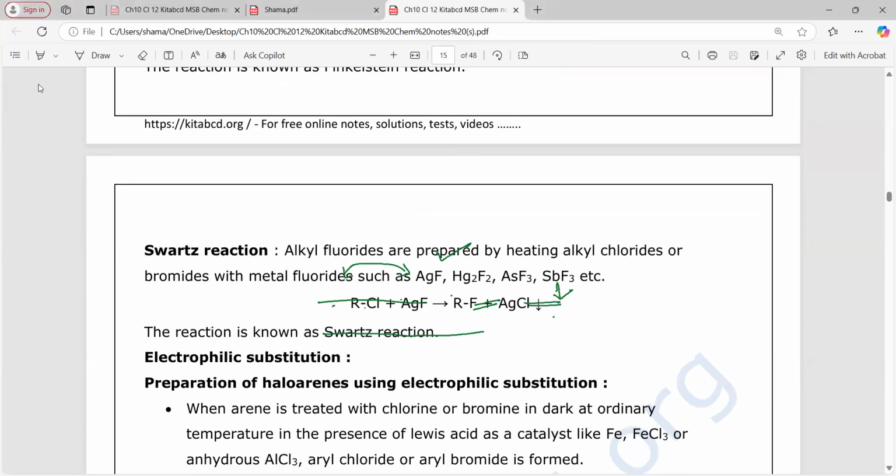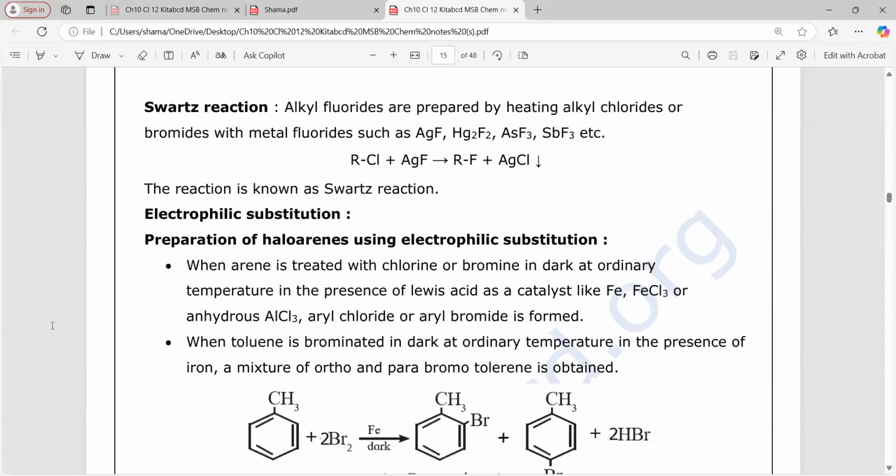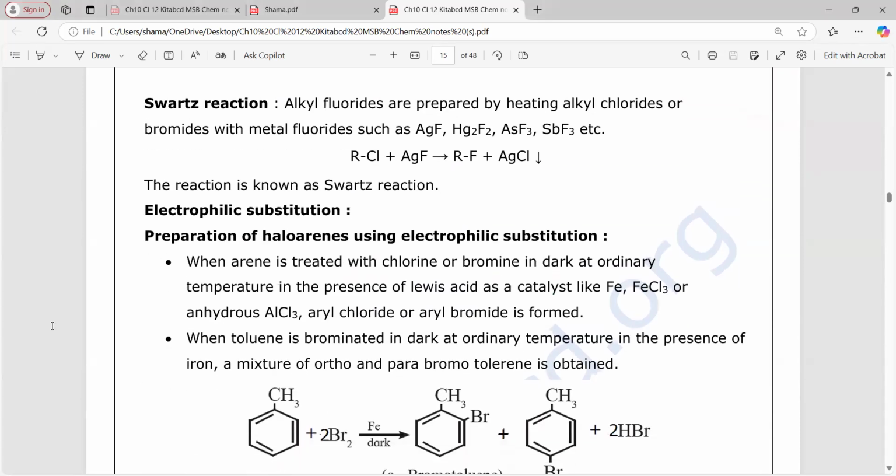See now, next one, Swarts reaction. This is also a name reaction. As we know, alkyl iodide preparation is quite hard because when we do the iodination of the hydrocarbon, that reaction is reversible, right? We have already discussed it.